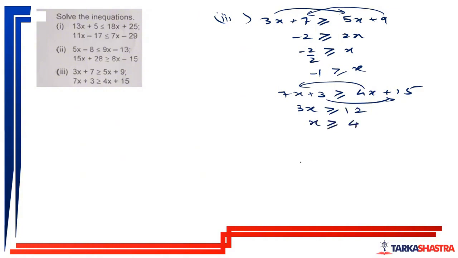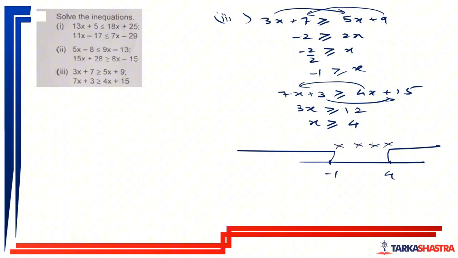So what do we have? First x should be less than or equal to minus 1. This is the range. And then we have x greater than or equal to 4. This is the range. There is no common ground, no overlap in the values that will solve both the inequalities.